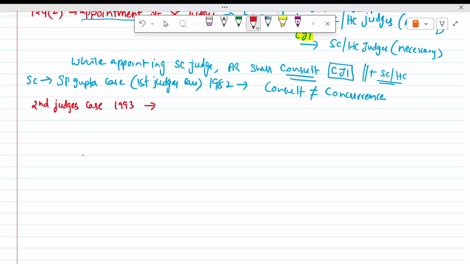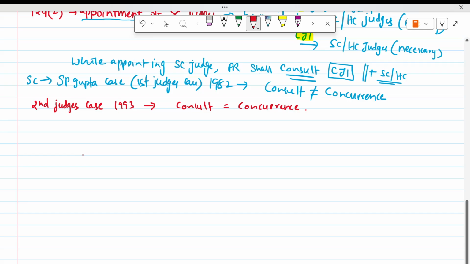Here what happened? Consultation is equal to concurrence. This is what the Supreme Court said. Whatever the CJI, the Chief Justice of India, is saying, it is binding on the President.